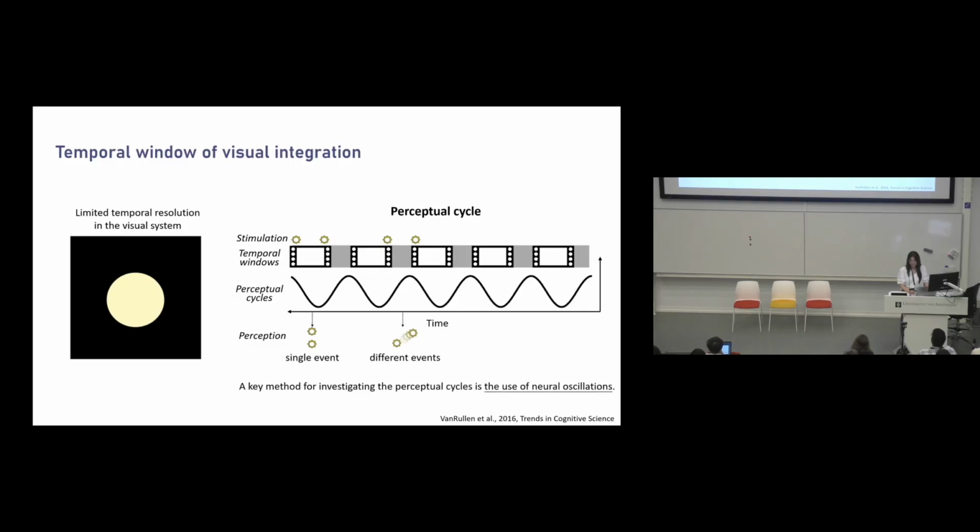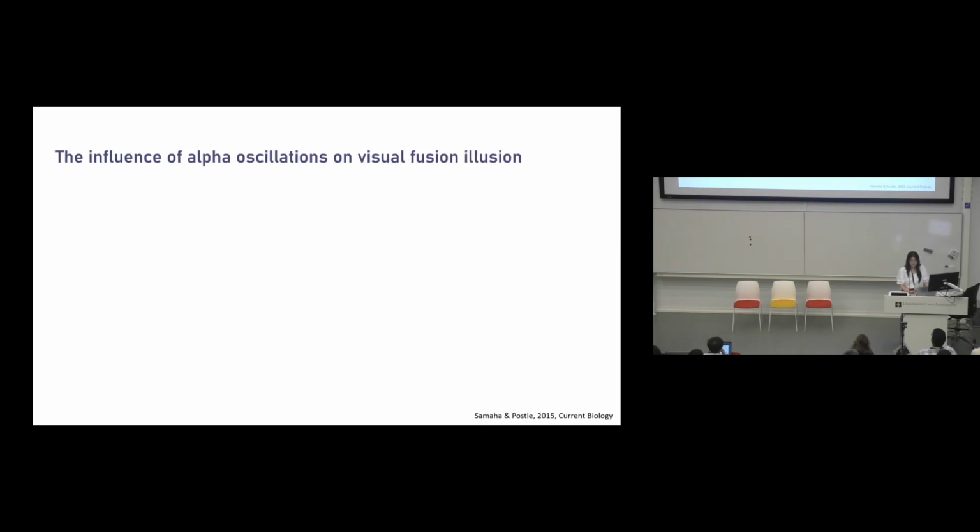The key method for investigating perceptual cycles is the use of neural oscillations. There is a study that already confirmed that alpha oscillation plays a crucial role during visual integration. In this study, they used the double flash paradigm, presenting two consecutive flashes and asking participants whether they perceived one or two flashes.